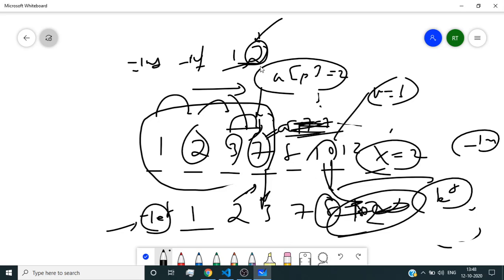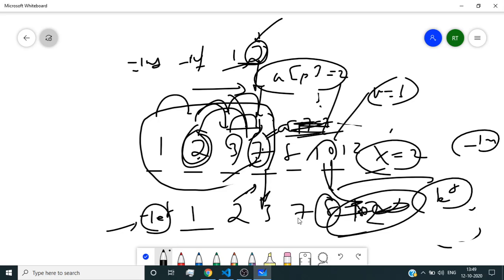Because we have changed two elements, so that if we come two moves forward, we get our 2 at the place where currently 7 is. That's why we need only two moves.